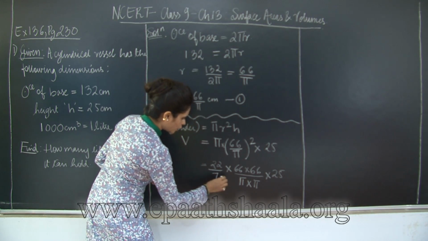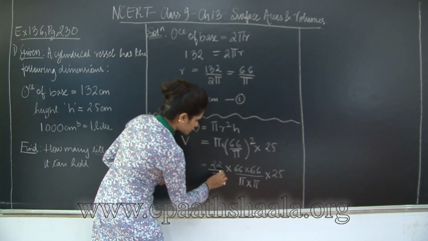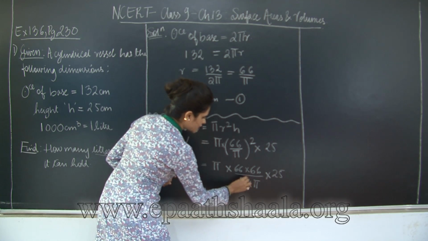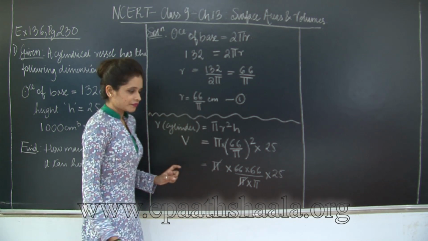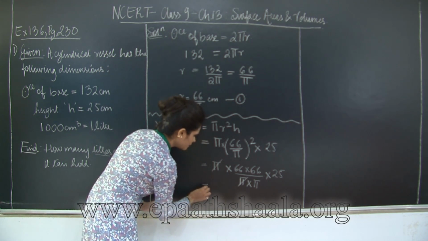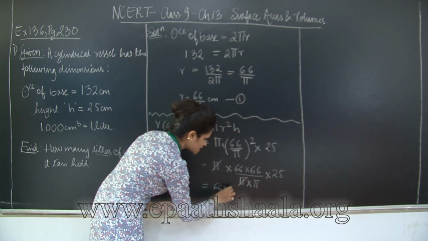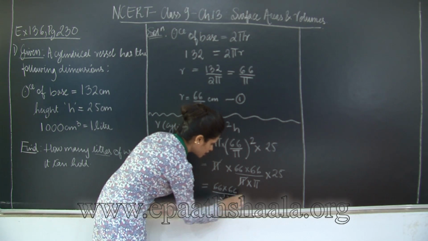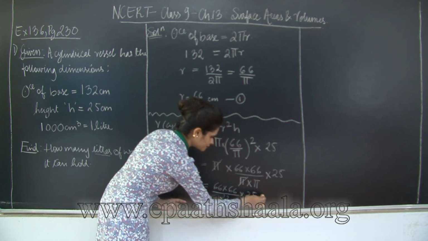So cancelling, what do I get? First of all, if I keep this as pi itself, this pi will cancel out with this pi. And this pi in turn would be 66 into 66 upon 22 upon 7 into 25.